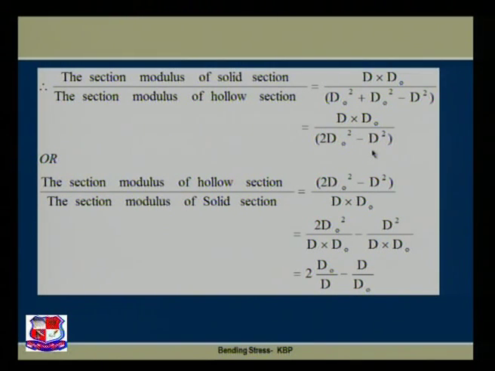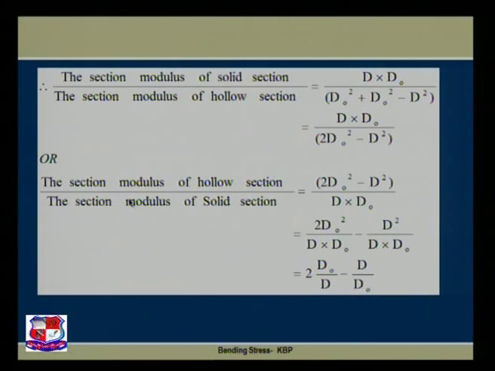Now why "or"? Because we are replacing the term over here in terms of d and do. Here the same ratio, if you obtain inversely, hollow section by solid section, because this is the ratio of solid section to hollow section.